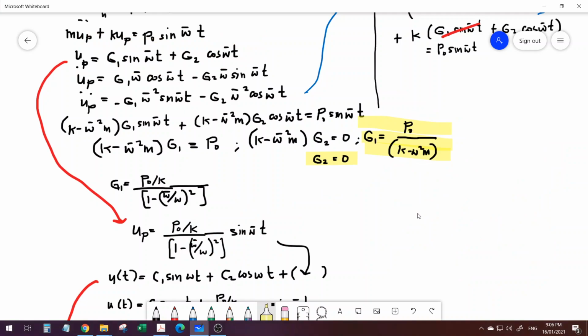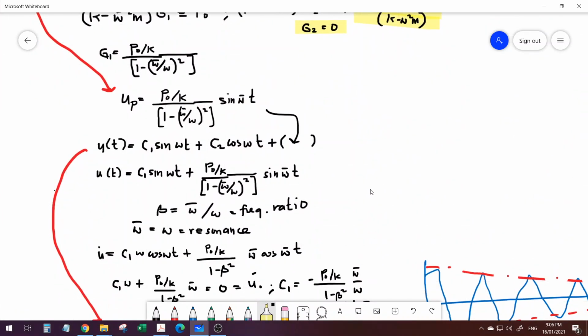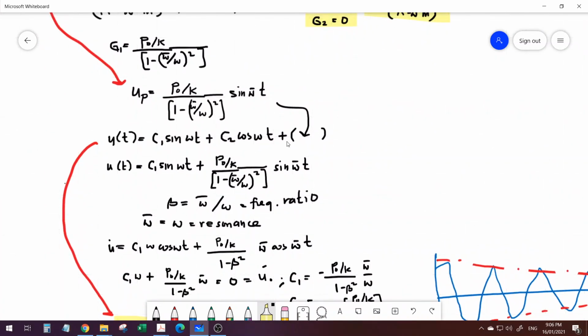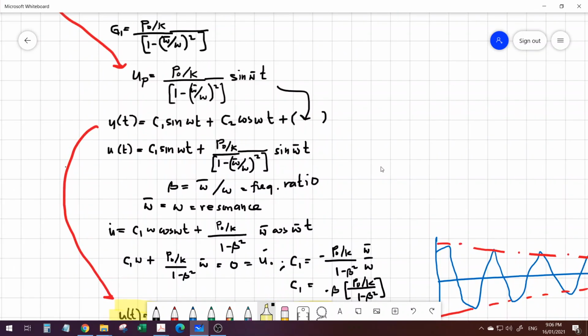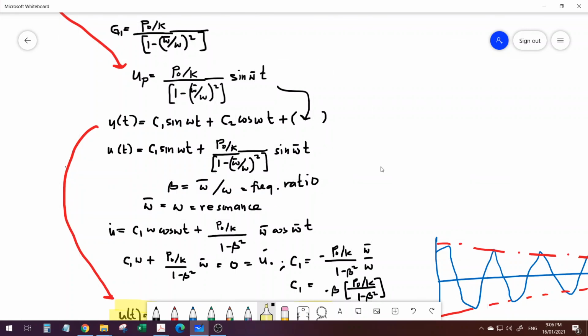But I'll explain this further here, because that is only the particular solution. So the total solution of the differential equation is the combination of the homogeneous solution, the complementary solution, and the particular solution. And we know this is the homogeneous solution from earlier, and we will now add the particular solution, which is what we got.